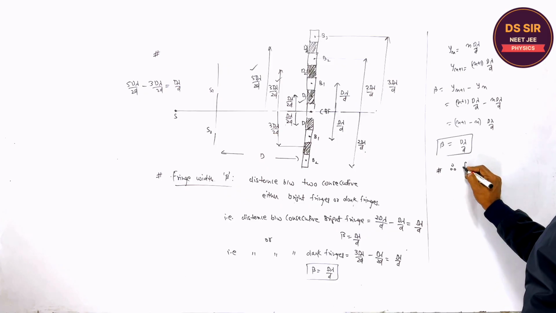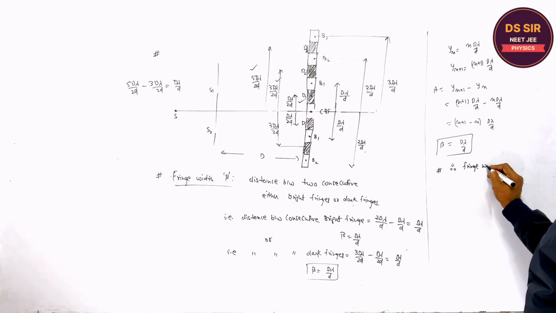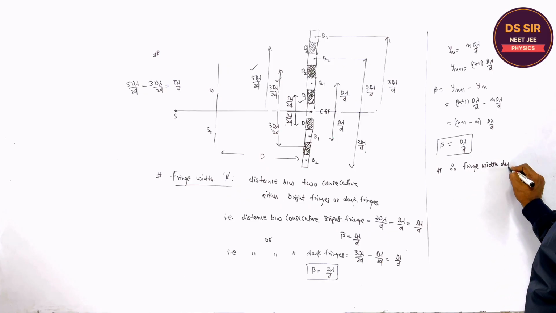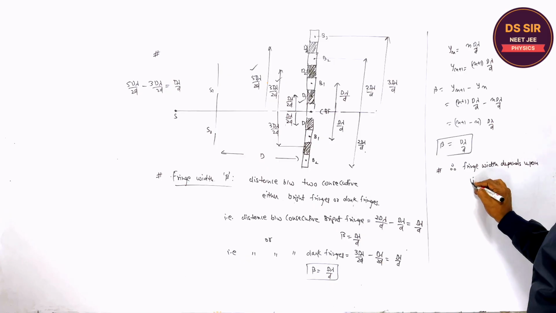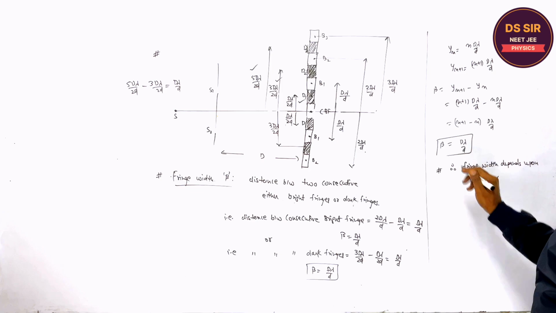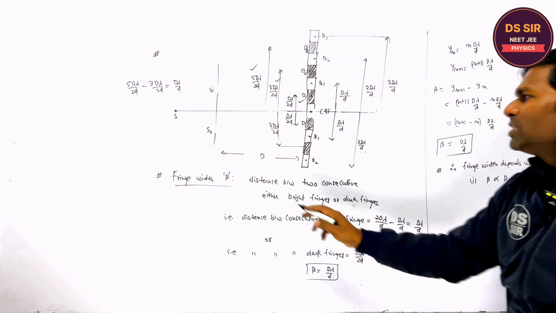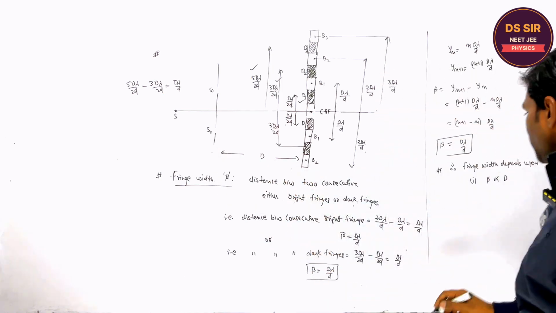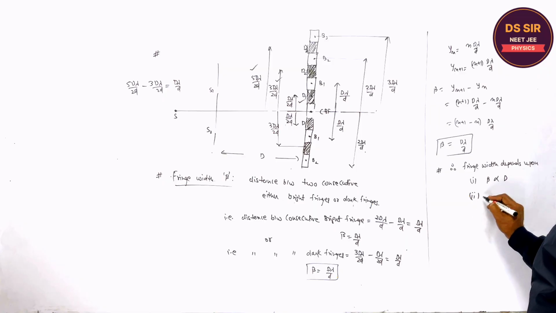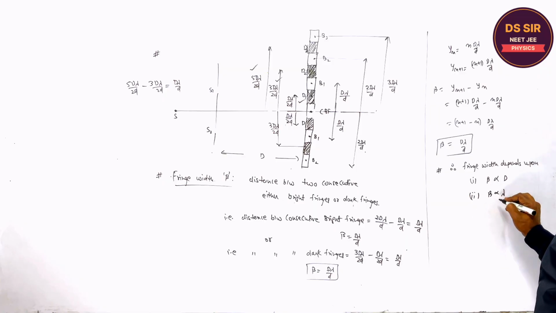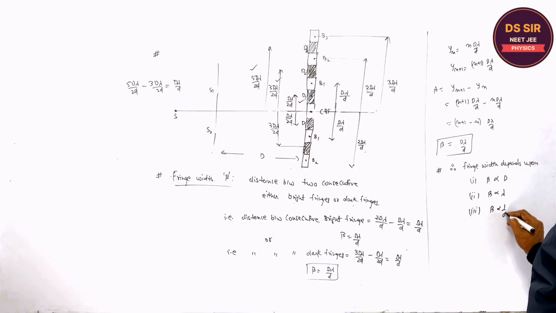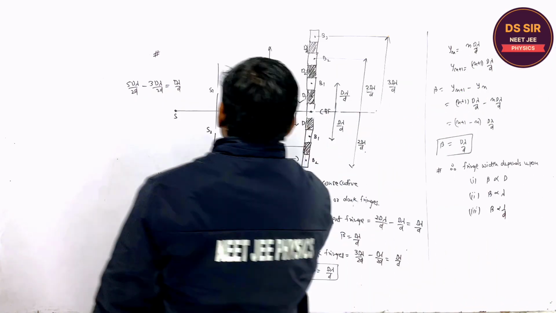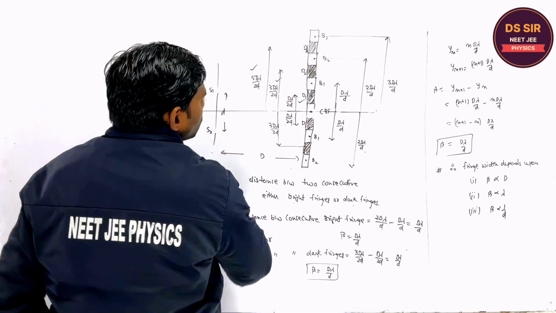So what does the fringe width depend upon? First, beta is proportional to capital D, the distance between the slits and the screen. Second, it is directly proportional to lambda and inversely proportional to small d, the distance between the two slits.